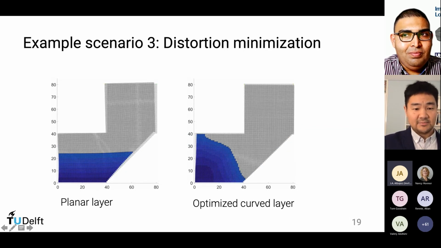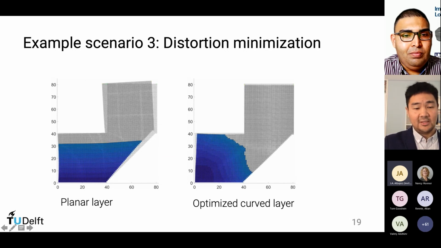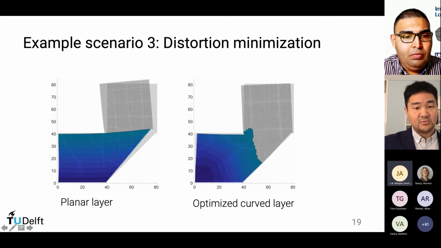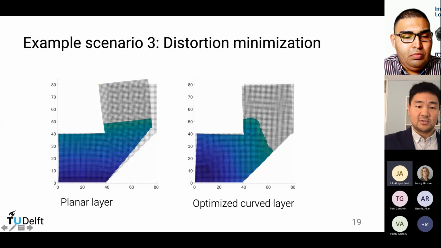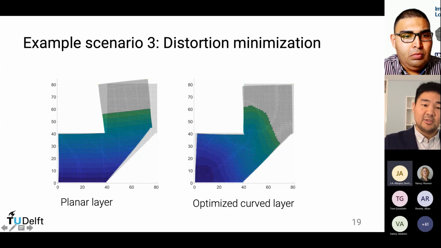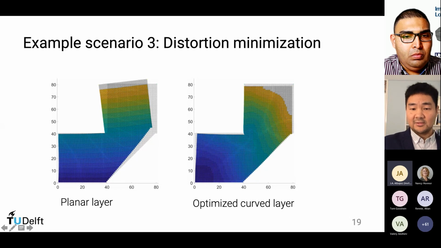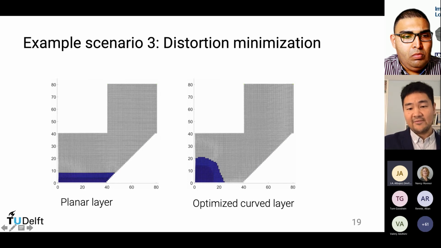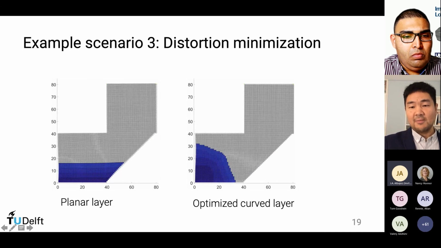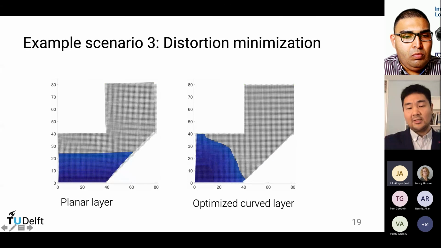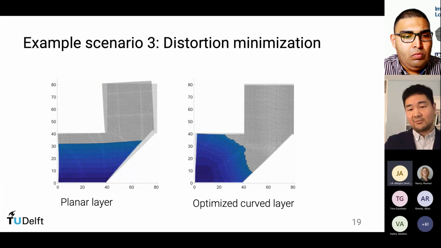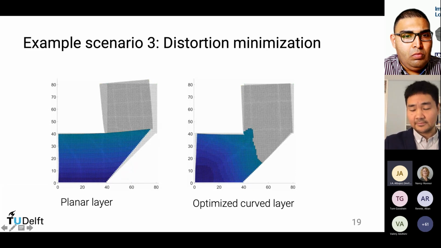As you see, in this case, we have an overhang, and because of the residual inherent strain, it will distort. The more material you add, the more it goes to the left side. And on the right-hand side, the optimized curved layer shows some symmetric behavior in order to compensate distortion. It tries to place material on the left side and on the right side at the same time.